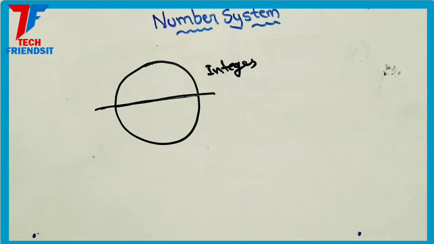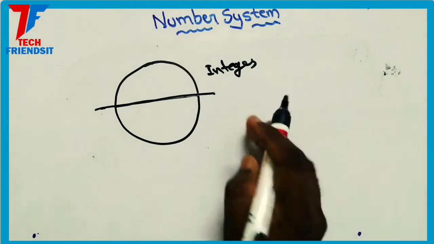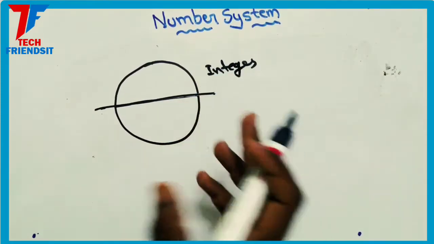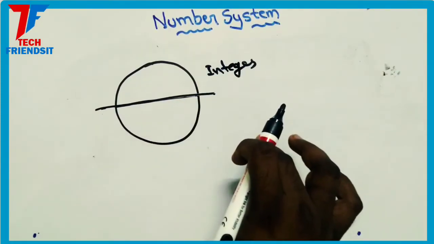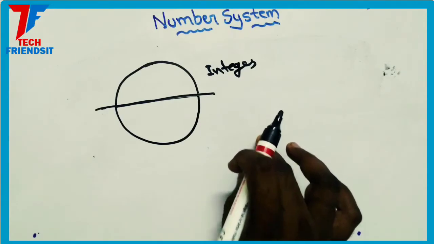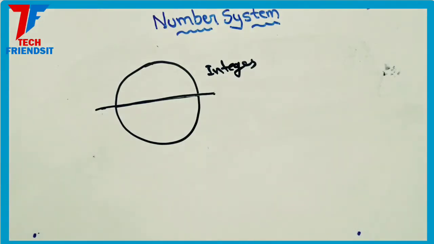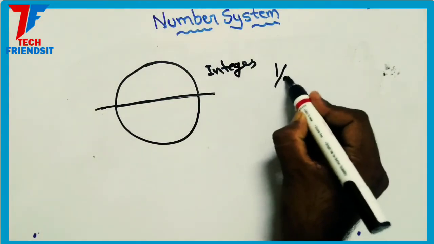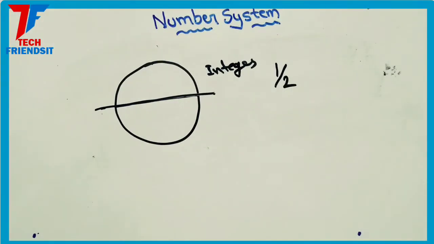Fractions are parts of whole numbers. A fraction consists of a numerator and denominator. Like this, we have numerator and denominator. And decimals, what are decimals?